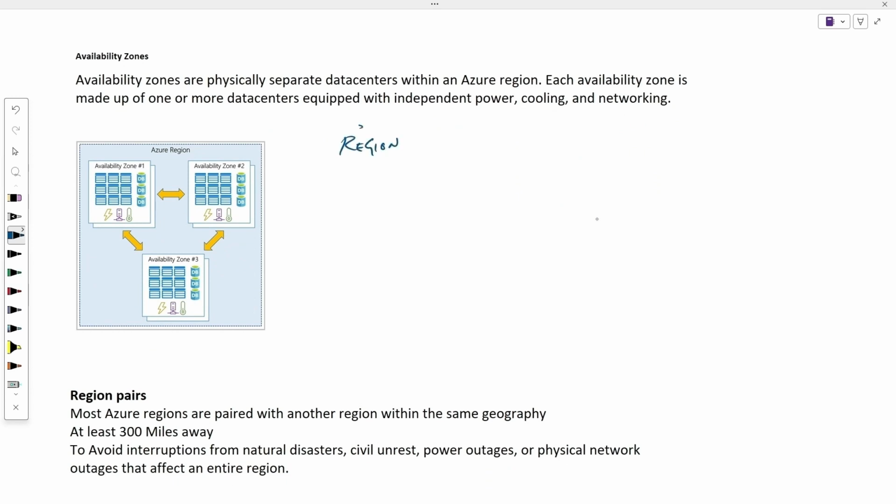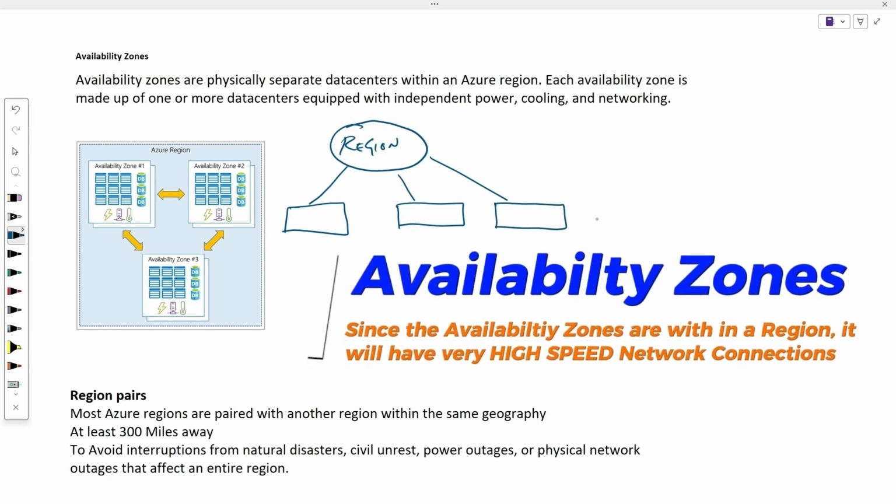So a region is a strategic location. Whenever Azure sets up their cloud data center, a region will have multiple availability zones, a minimum of 3 availability zones. There is a reason why they choose a minimum of 3 availability zones.